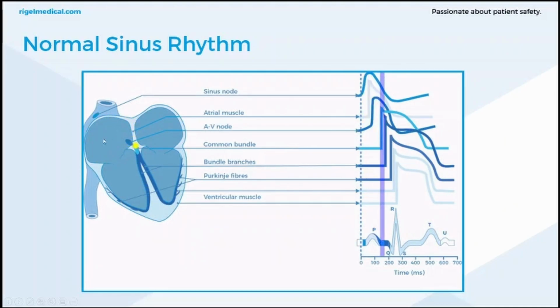So your P wave represents the atrial depolarization, and that's as the electrical impulses reach these bundle fibers. As the right and left ventricles are depolarized, that's what generates this QRS complex, the peak R wave, and the T wave here you can see represents that return to resting rate through the ventricles.